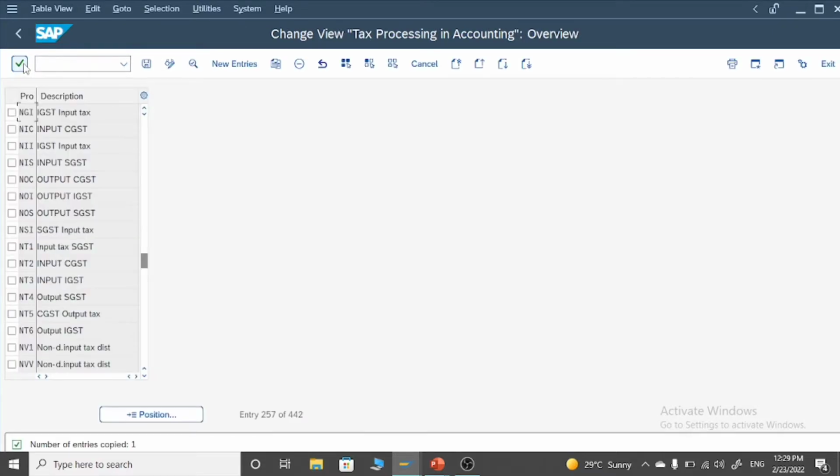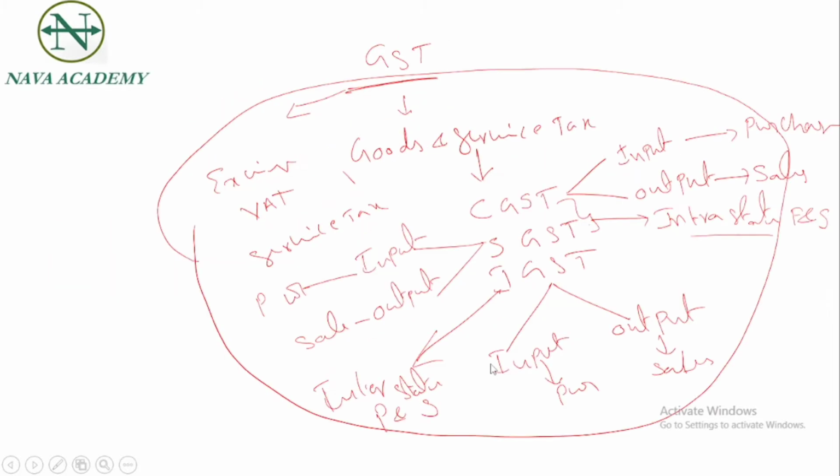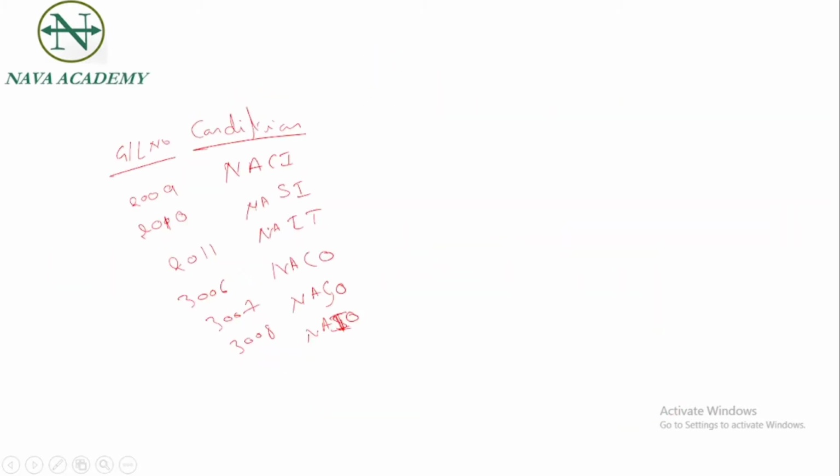Okay, click on enter and save. Right, here NGI, NSI, NCI. What are the transaction keys?